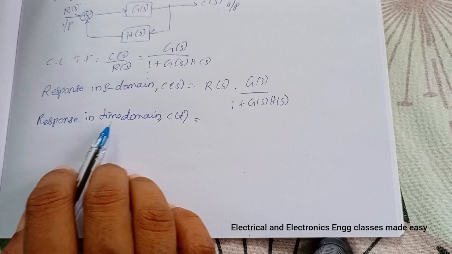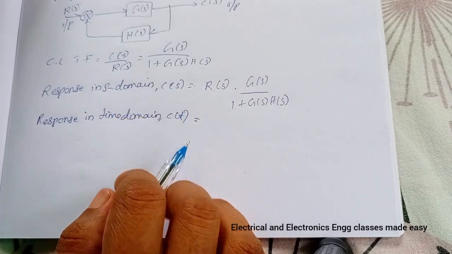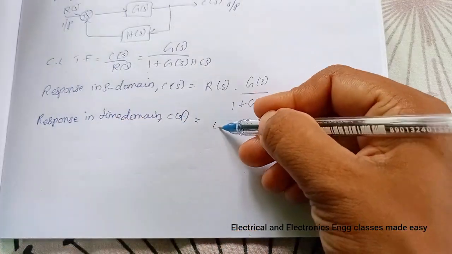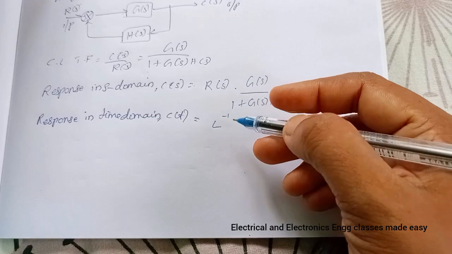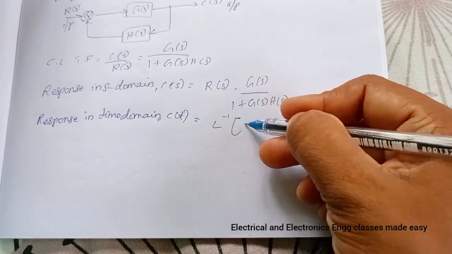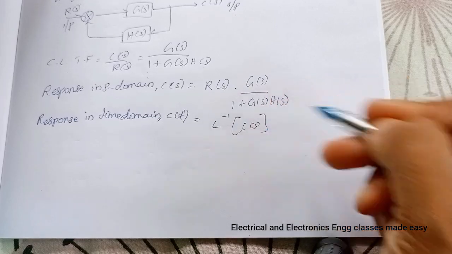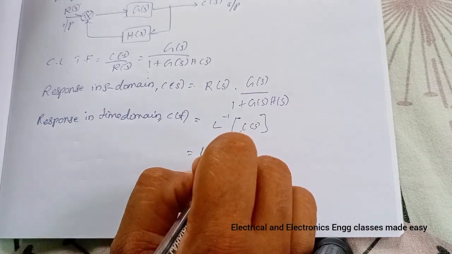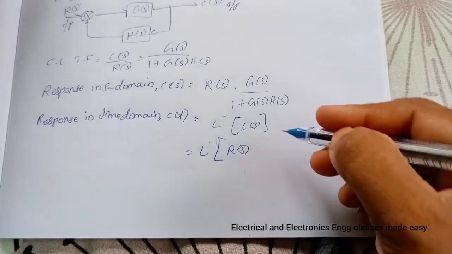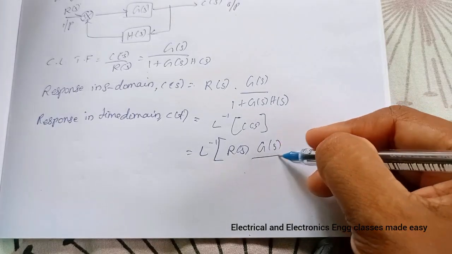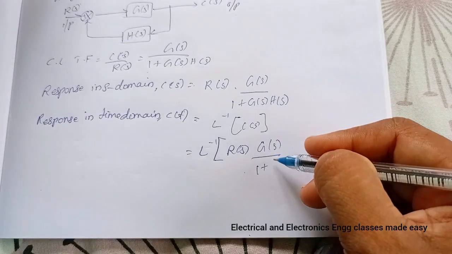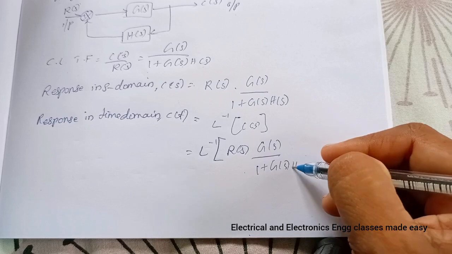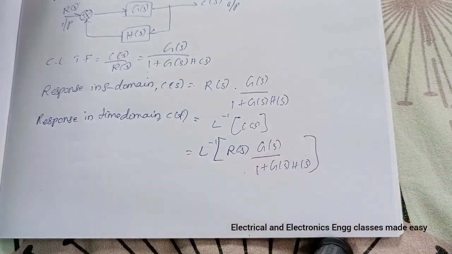That is, response in time domain C of t is equal to L inverse of C of S, and that is equal to L inverse of R of S into G of S divided by 1 plus G of S H of S.